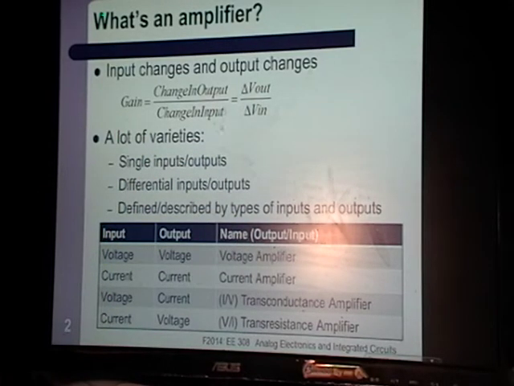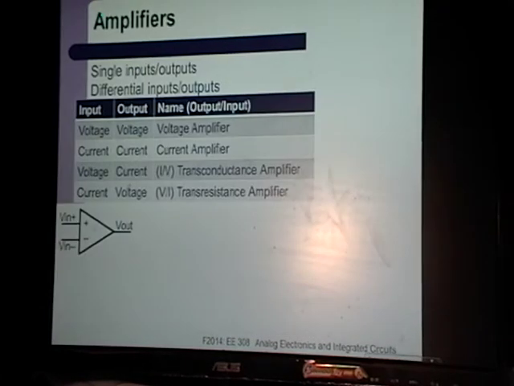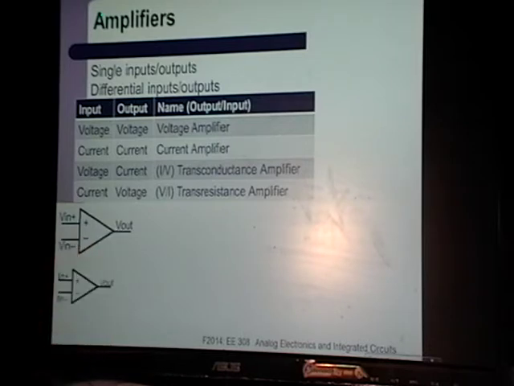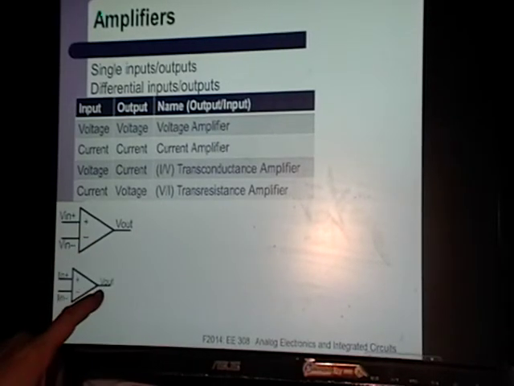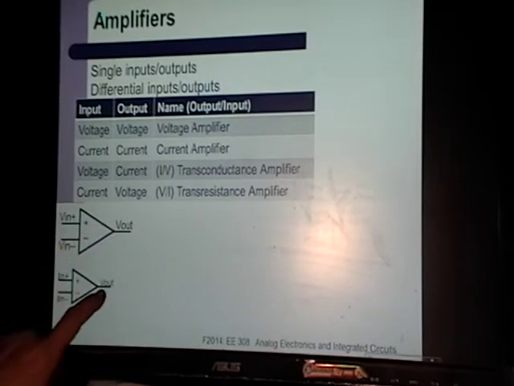There are various different kinds of amplifiers, and if you take all of these variations and look at how many different kinds of amplifiers there are, we've got a differential input, differential output voltage amplifier, a differential input, single-ended output, differential input, single-ended output transresistance.